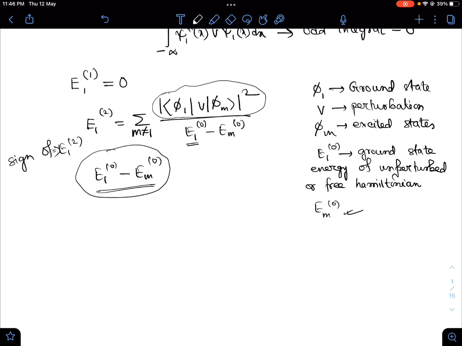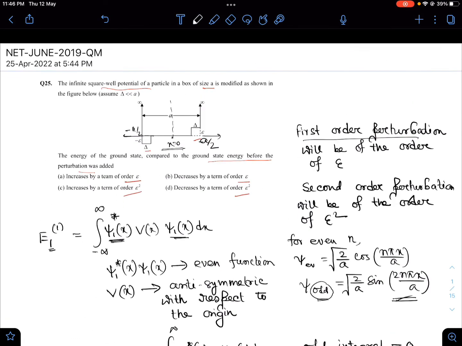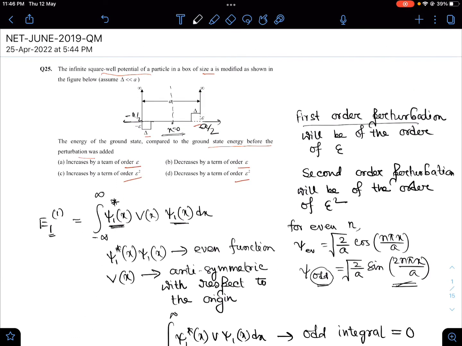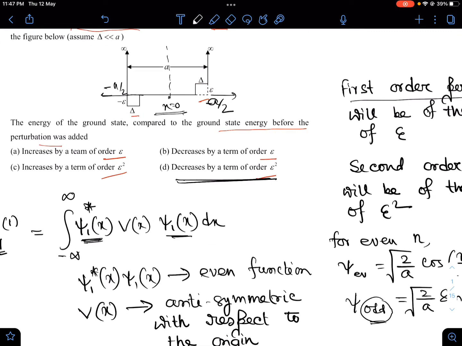Now we know that Em(0) is greater than E1(0), because En is defined as n square pi square h cut square by 2 m a square. As n increases, the energy value increases. So this term is less than 0, and we can say that E1(2) is less than 0. That means the ground state energy after the perturbation was added, compared to before, decreases by a term of order epsilon square. So our correct answer is this.